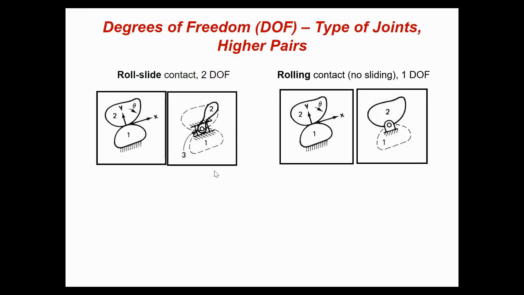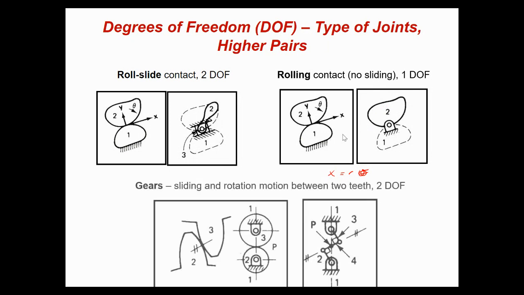If it is rolling without sliding, with no slip, in that case rotation and translation are coupled to each other. We have, as you remember, x is equal to r theta. So the degree of freedom of the rolling contact is 1. This is kind of important.